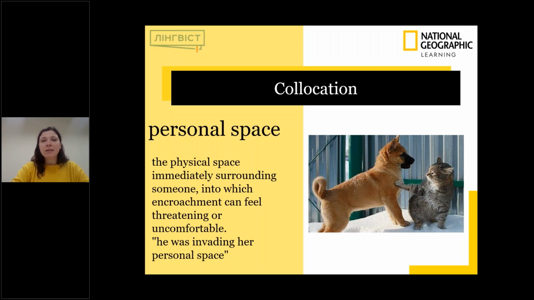So personal space is the physical space immediately surrounding someone into which encroachment can feel threatening or uncomfortable. Into which, he was invading her personal space. That is the collocation.